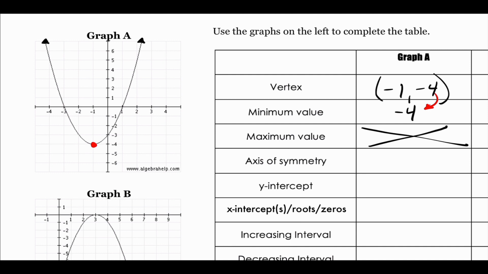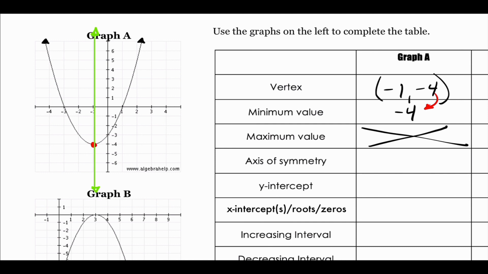The line that cuts everything in half, the axis of symmetry, is always going to go through the vertex. It's a straight vertical line. Where does it pass through? Negative 1, right?